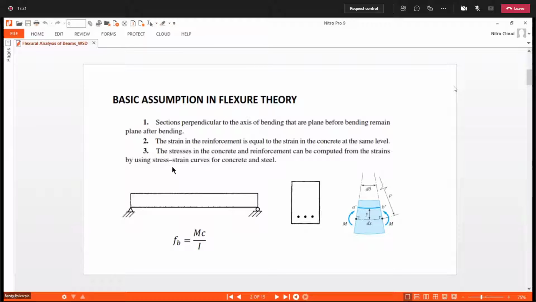Then number three, the stresses in the concrete and reinforcement can be computed from the strain by using the stress-strain curve for concrete and steel. So in terms of stresses, we're going to consider the stress-strain curve for both concrete and steel.